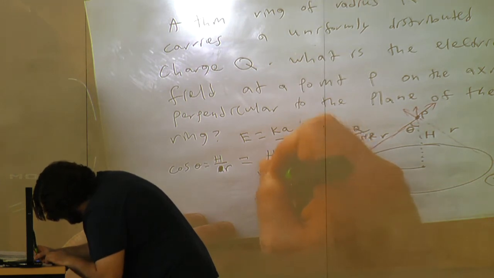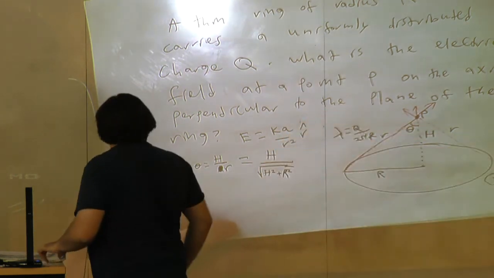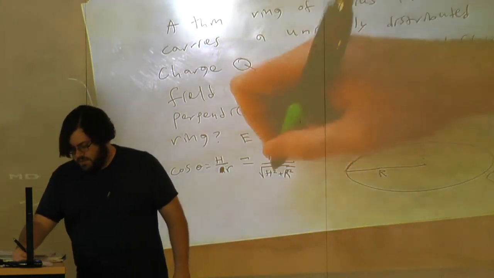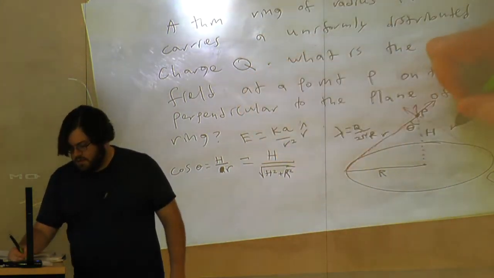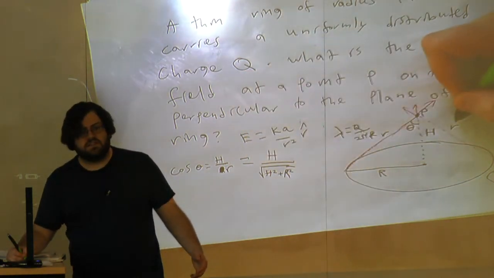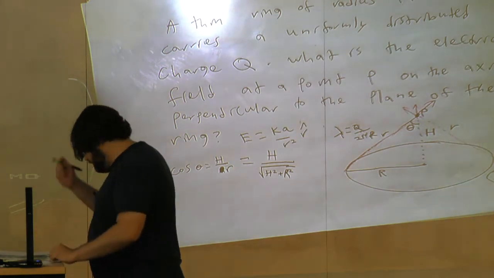That's the Pythagorean theorem. We have no idea what this distance is, but what we do know is h and r, so we can just use an equation instead of actually using this distance. That's what we're going to do.